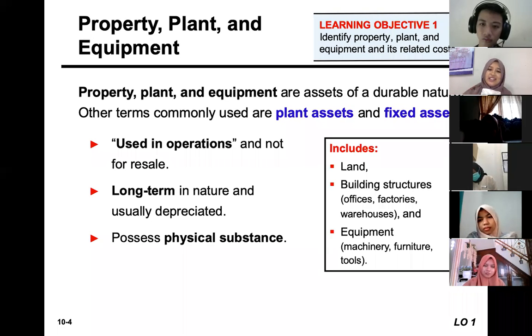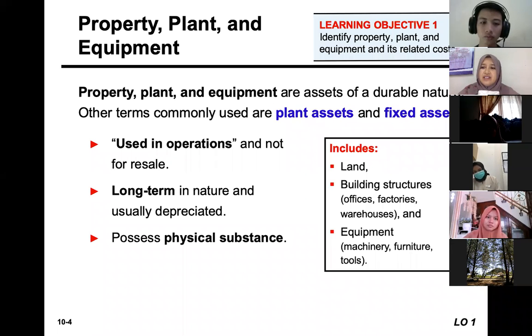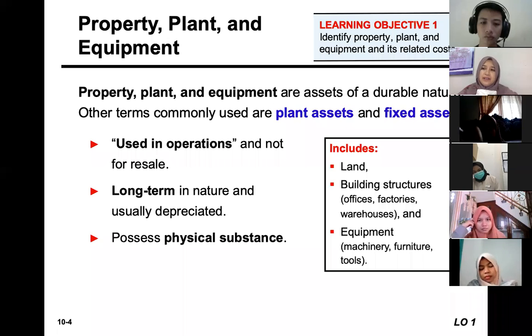Let's say Abi has a company, it buys a building, but it doesn't really utilize that building. The building is being used by the brother of Abi. So you don't really have the physical substance of that building. The physical substance is being utilized by another party. So that means you don't possess the physical substance.